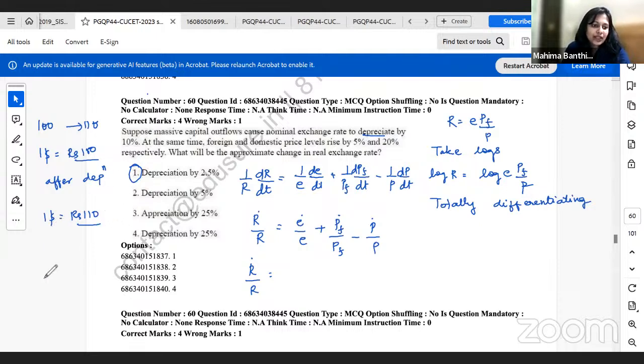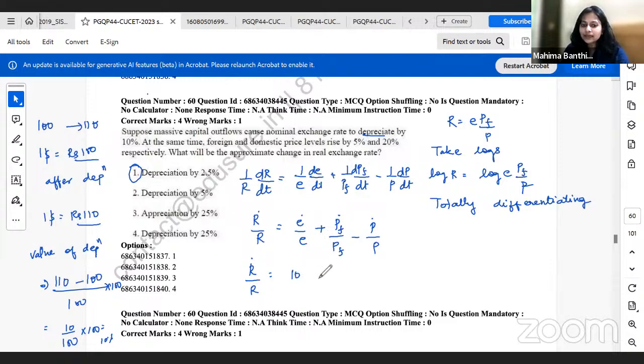Now, if you numerically take out the value of depreciation, it would be the new value 110 minus the old value of 100, upon the old value of 100, into 100. So this is 10 by 100 into 100, which is 10%. So depreciation written in this manner comes out with a positive sign. So this is 10. The domestic price level rising by 5% would come out as 5.